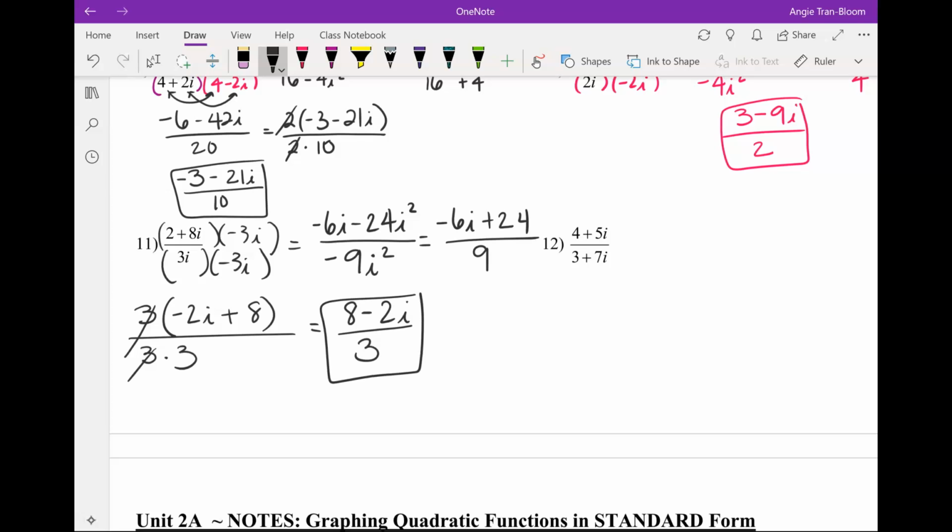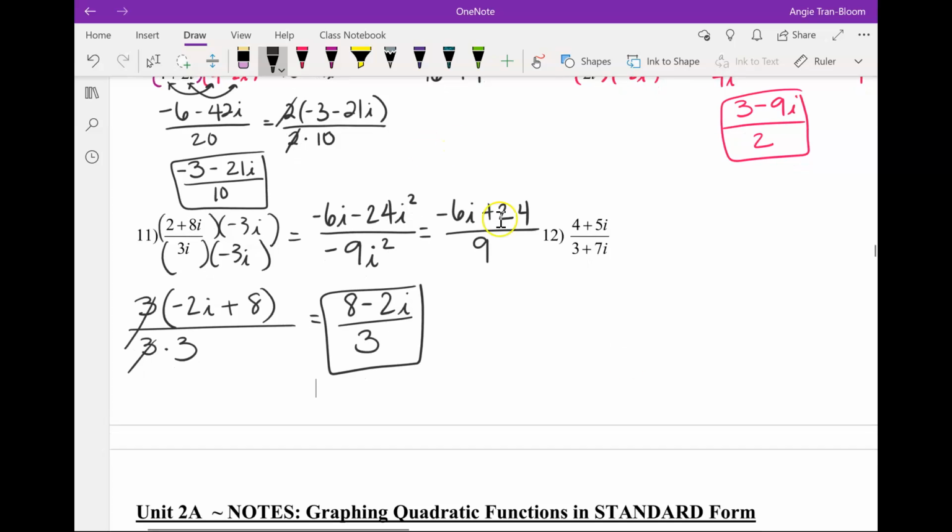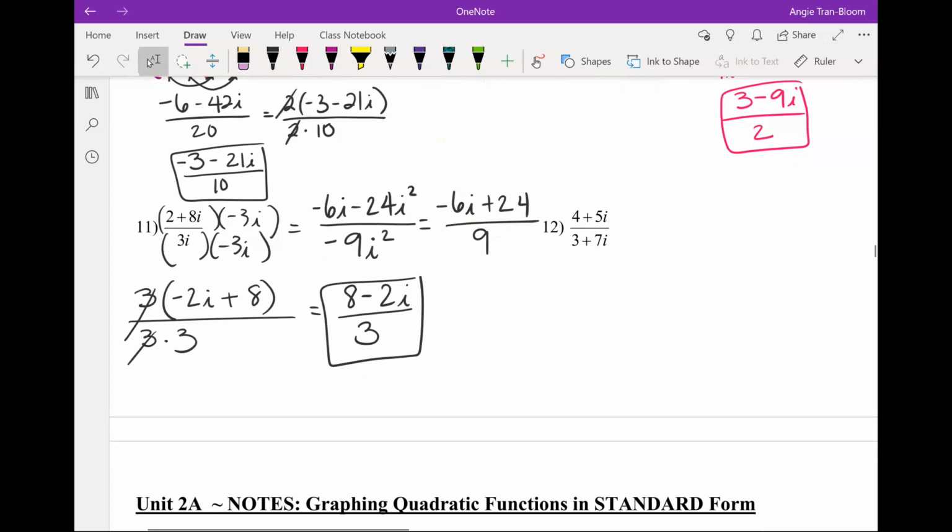Last one. I want you to try on your own. One minute head start. Once you're done, can you please do me a favor and compare your answers with one another?